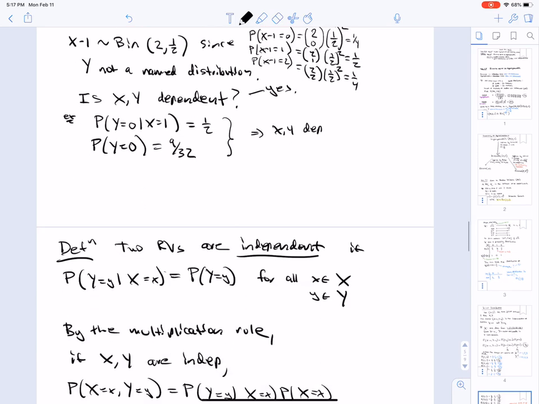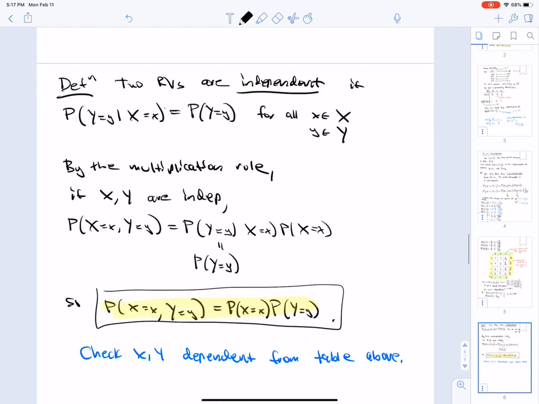The definition of two random variables being independent is basically that the unconditional probability is equal to the conditional probability, or vice versa, for all x and y. But a more popular way to write this, by the multiplication rule, is that if x and y are independent, the joint probability factors into the marginal probabilities.